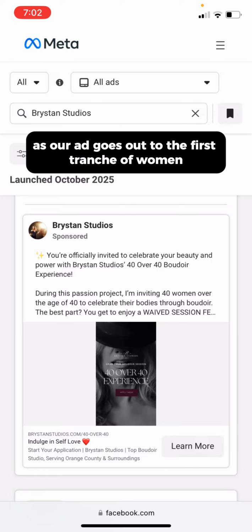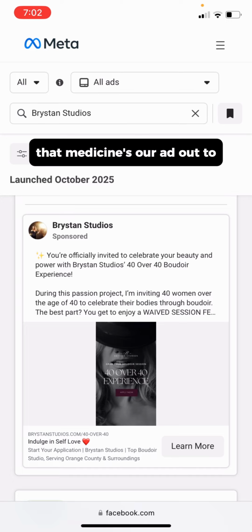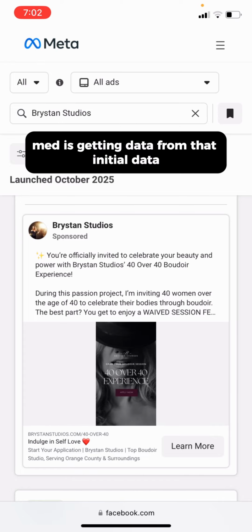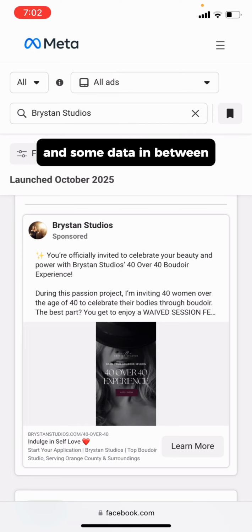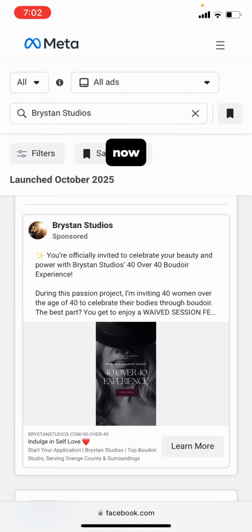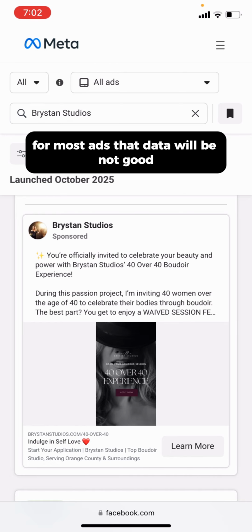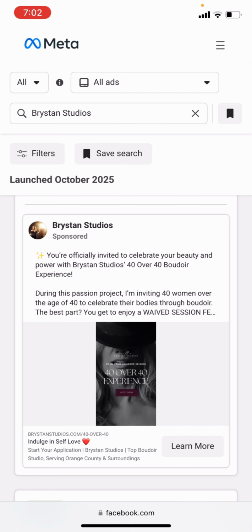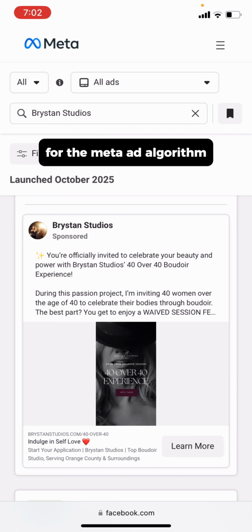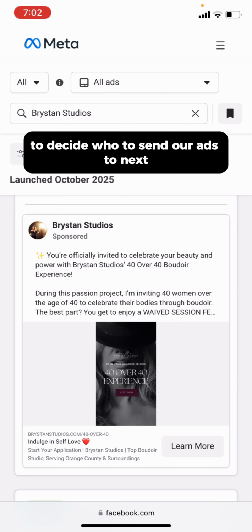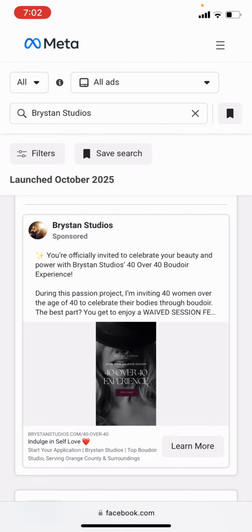As our ad goes out to the first tranche of women that Meta sends it to, Meta's getting data from that: initial data like unique CTR all, final data like conversion rate, and some data in between. For most ads, that data will not be good. That data goes back into the Meta ad algorithm to decide who to send our ads to next.